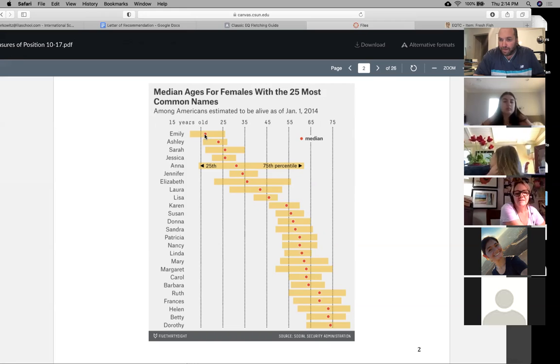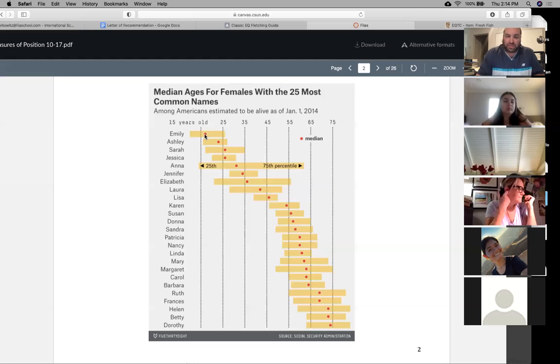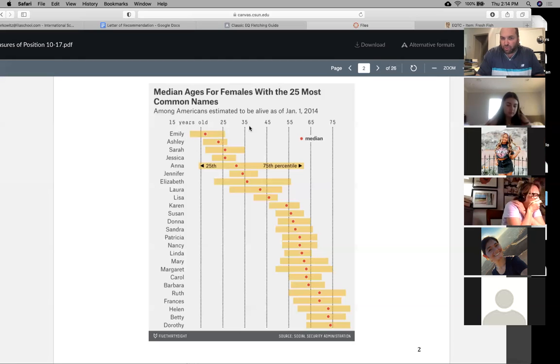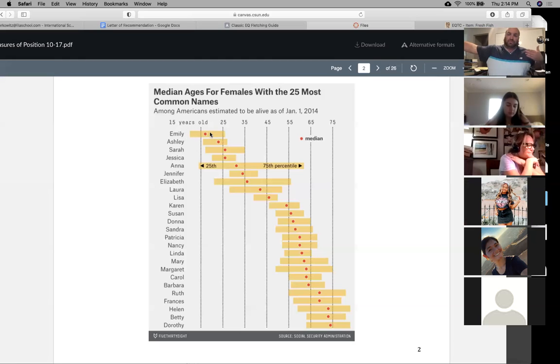Would that imply that Emily was a relatively popular name as far as 2014 is concerned? Yes, because half of the Emilys are kids under 17 years old. The other half are anywhere from 17 to 100, however old people can be. So there's lots of young ones, and the older ones are spread out.